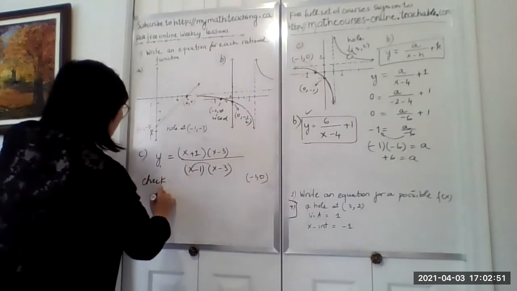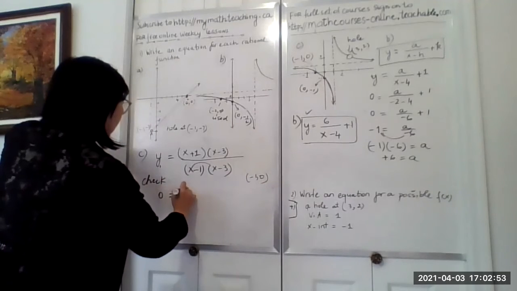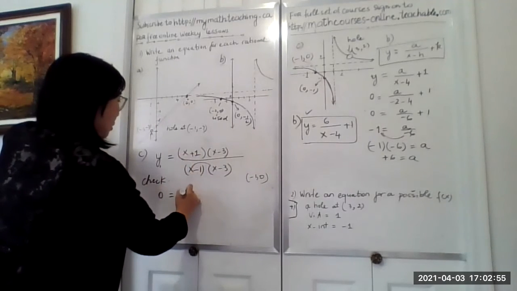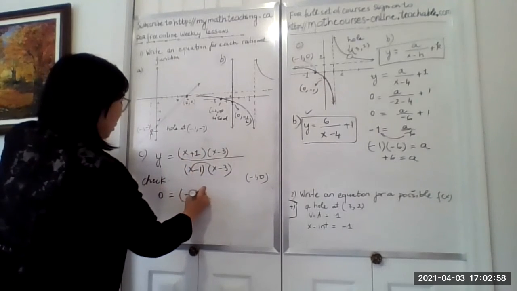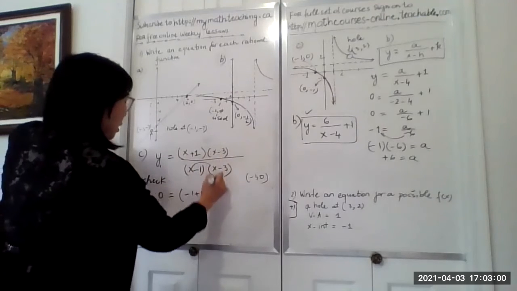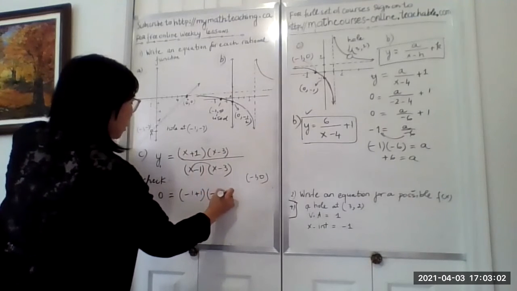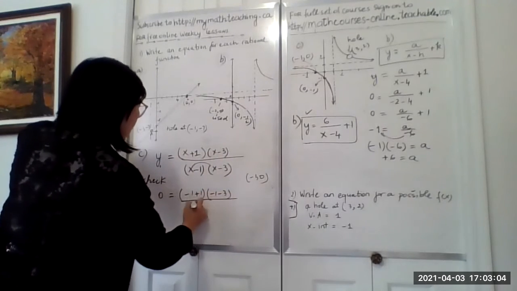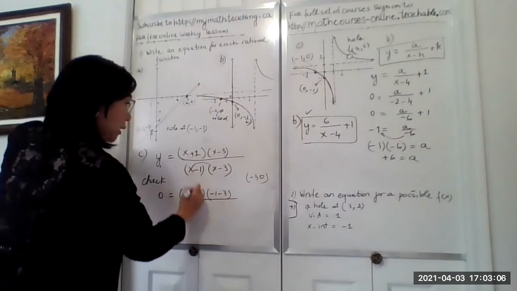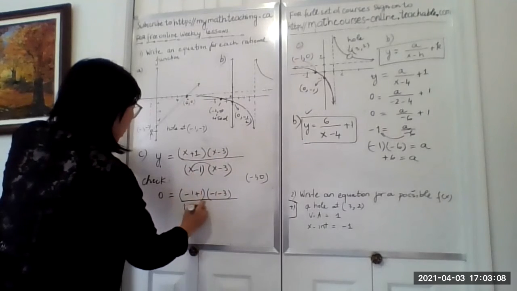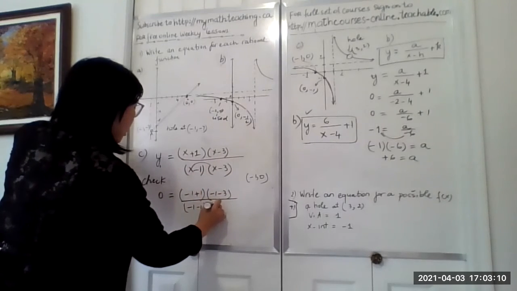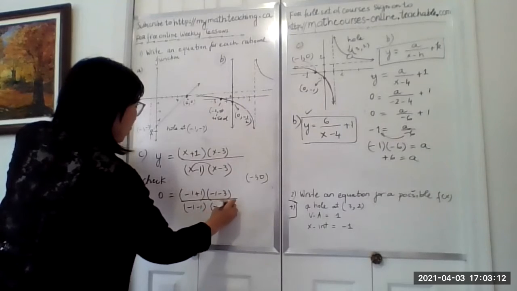So substituting in here, we have y equals 0. Our x-intercept is minus 1 plus 1 times minus 1, minus 3. Down here, minus 1 for x, minus 1, and minus 1, minus 3.